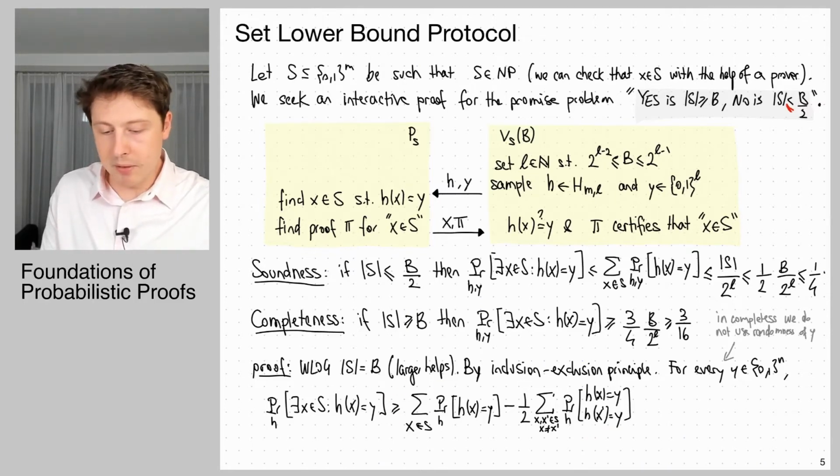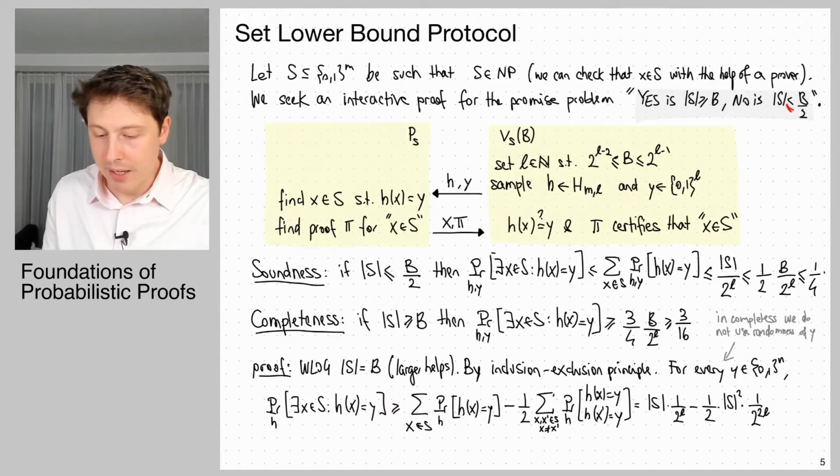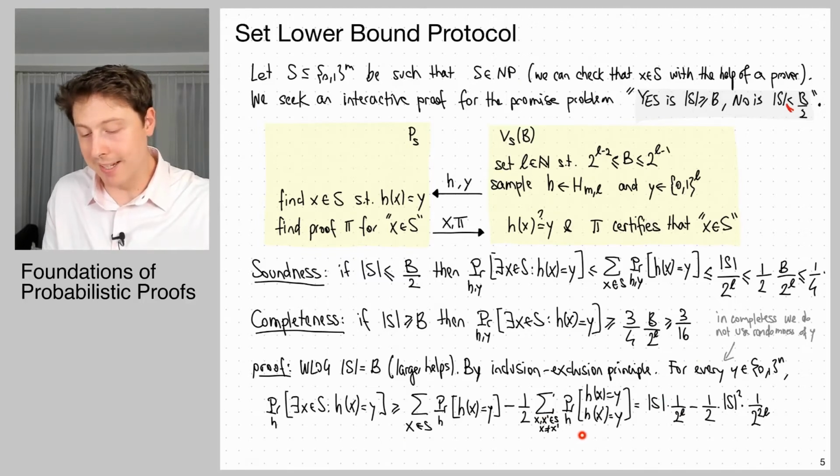All right, but now, what is this? This is at least size of S times 1 over 2 to the L, okay? Because remember, h is random here, and x and y are fixed. Okay, so we have S of them and 1 over 2 to the L. And this is at most, in fact exactly equal to, minus a half times how many such things we have.